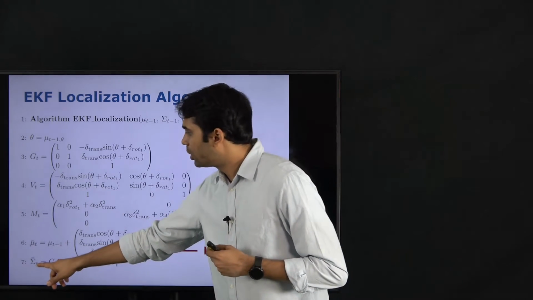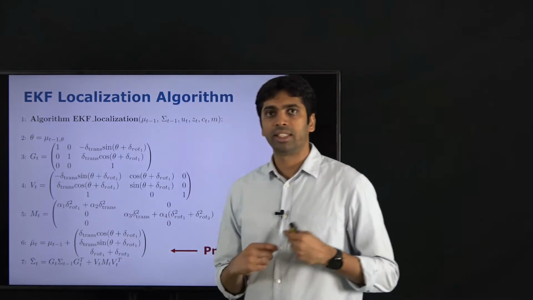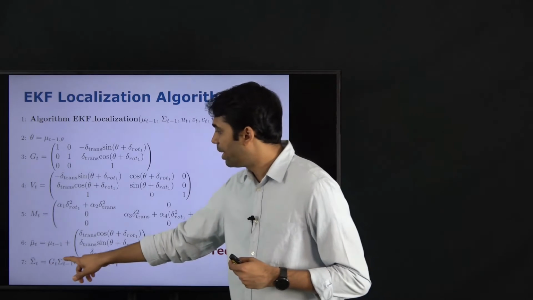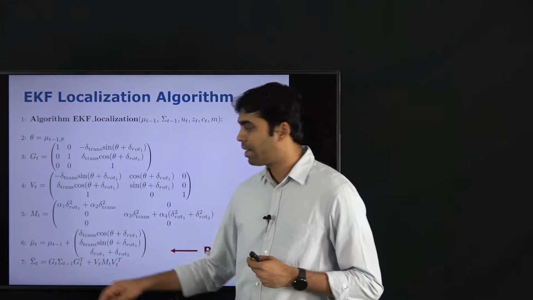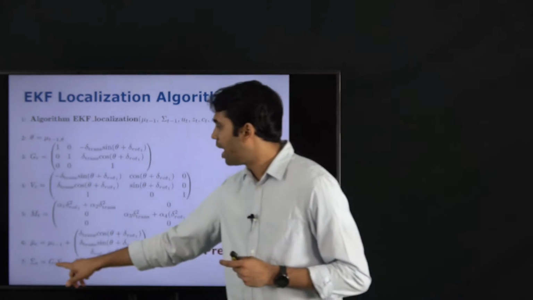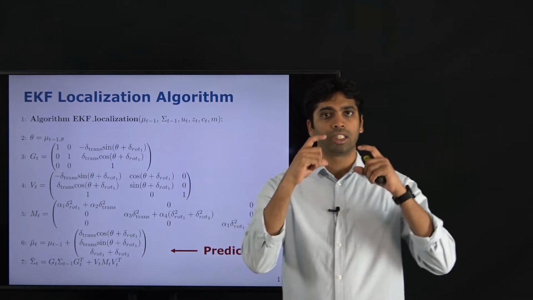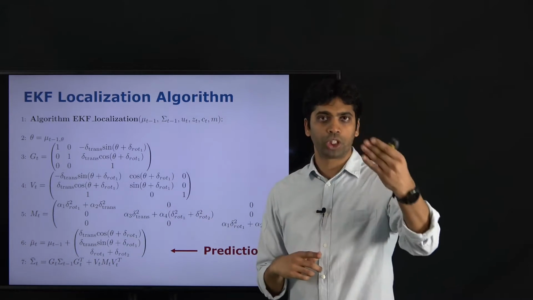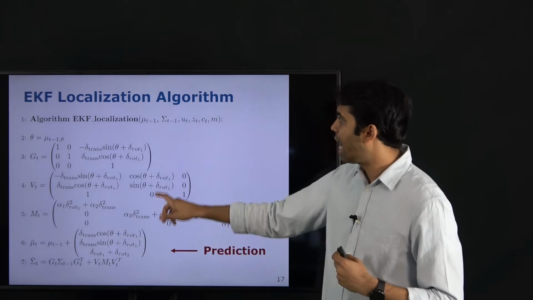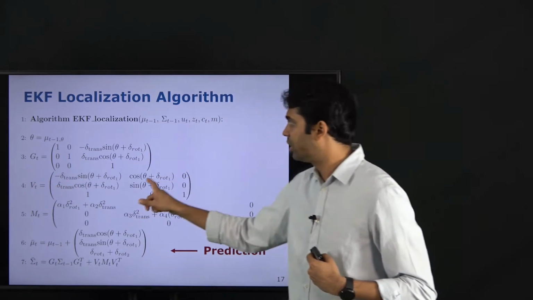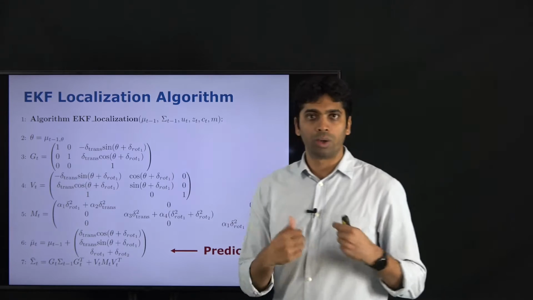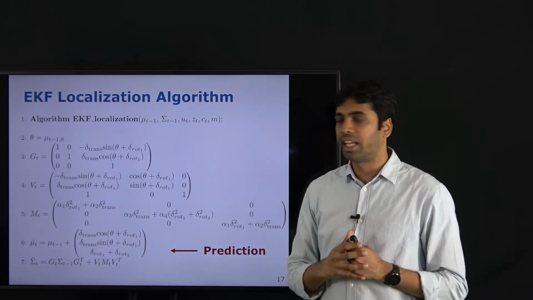We also see how the covariance is being updated. This depends on your covariance at time t minus 1 modified by Gt, where Gt is the Jacobian of your motion model with respect to your state, and here we have listed out that Gt. It's exactly the one that we saw how we could derive by taking the derivatives.